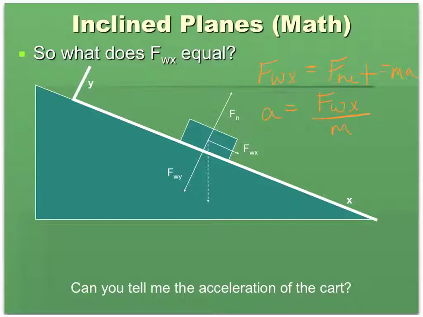So depending on what information you have, whether you're given this particular angle or whether you're given the actual acceleration and you're solving for the angle, you'll be able to substitute in different equations that we've learned over the last couple lessons. And so let's take a look at that on the next couple slides.